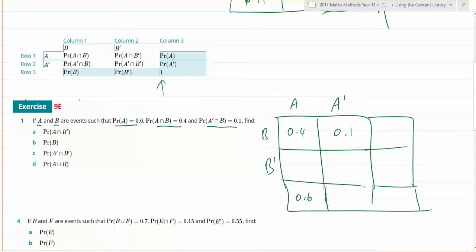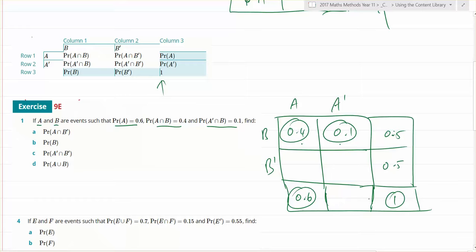We know that these are probabilities, so it sums up to 1. These are the values I'm given. All I need to do is find the other values. I know this and this add up to this value, so when I add them together, I get 0.5. I know this and this add up to 1, so that has to be 0.5.